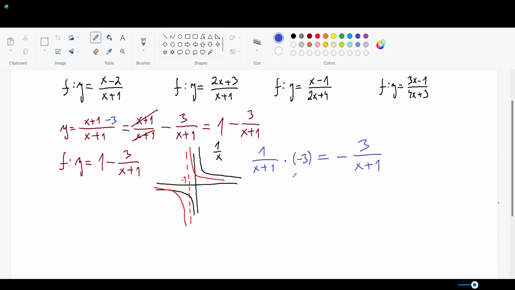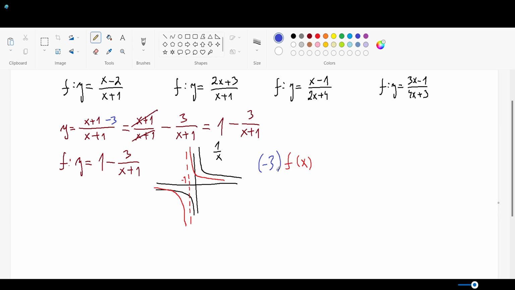What this means, basically, if we write this in general, we have our red function, which is f of x, but please keep in mind that the argument is not x but x plus 1, and we do multiply this function by -3. What it means?